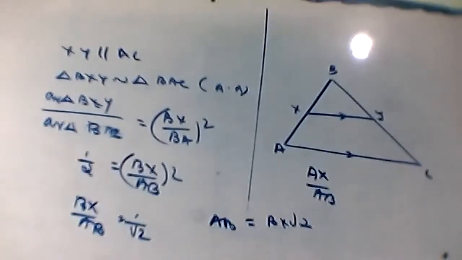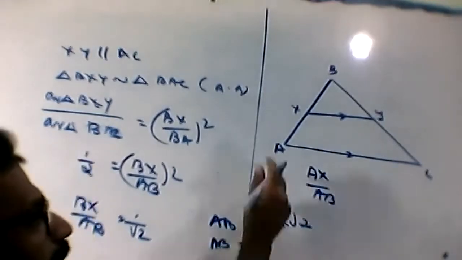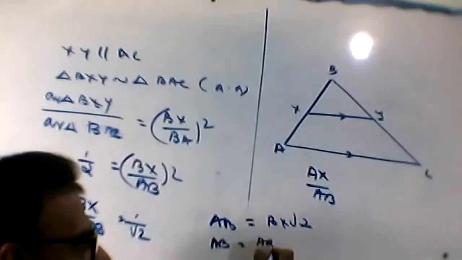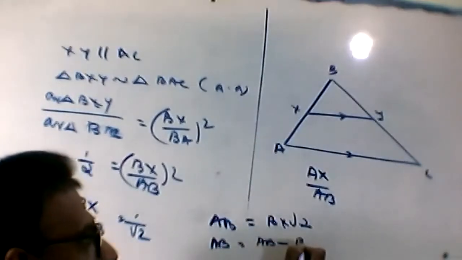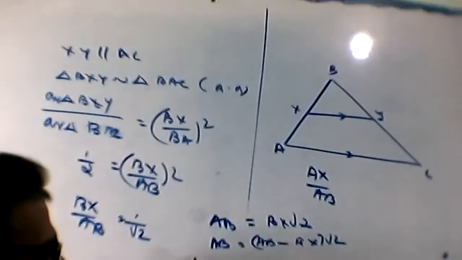So instead of BX, we are writing AB minus AX, because we want AX.